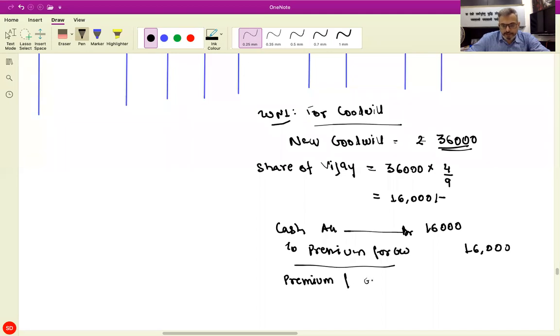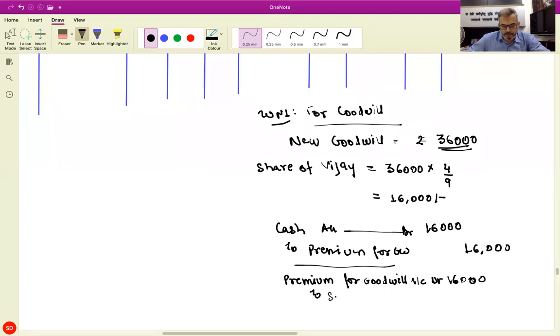Premium for goodwill account debit 16,000.